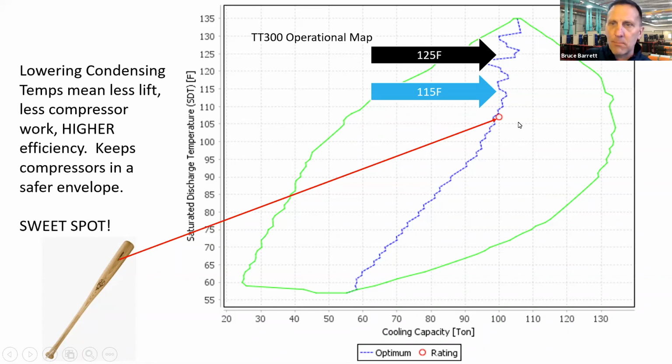And look at how wide the operational envelope gets. When I have multiple compressors, we're actually stacking this compressor map one on top of the other to build a larger machine. So it gives us way more operational map when we start compressing down saturated condensing temperatures.